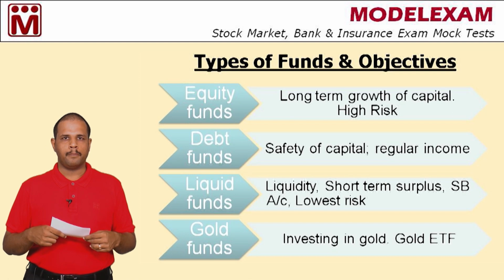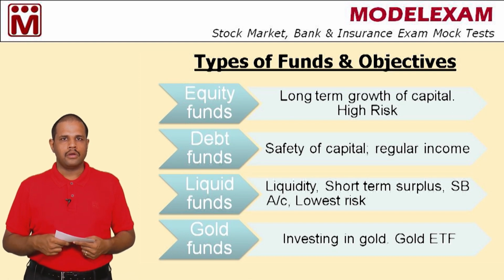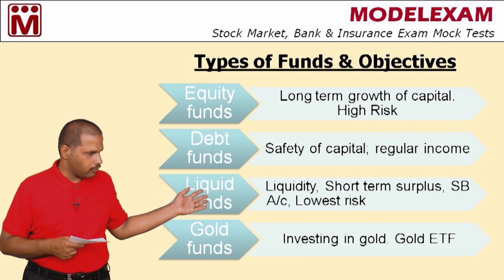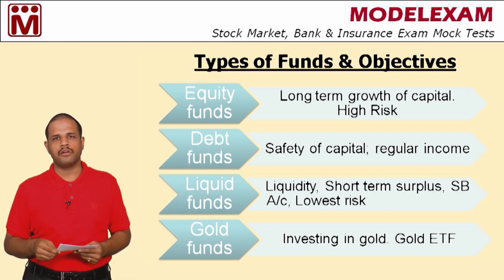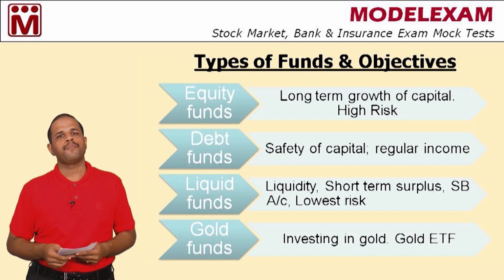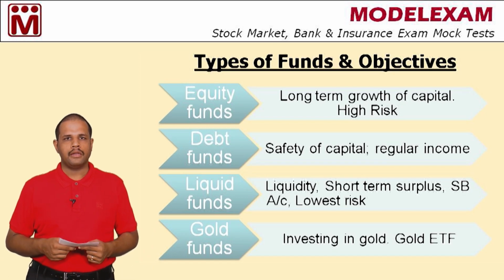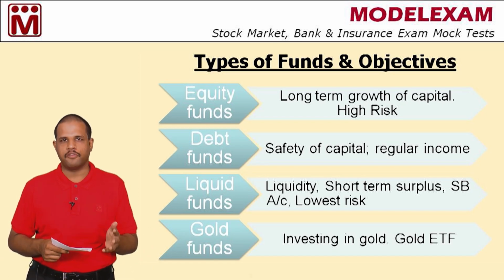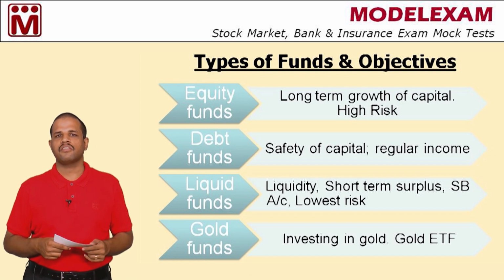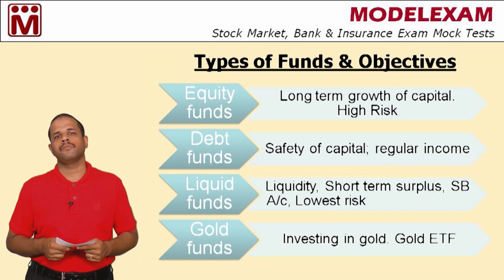We can place short-term surplus in liquid funds. So that is the main purpose of liquid funds. It is a special category of debt funds, and it is the safest of all mutual fund schemes.